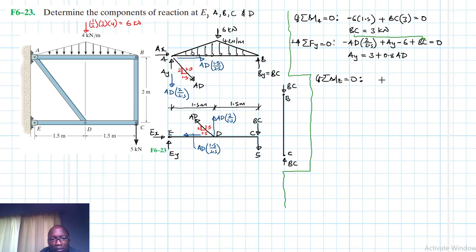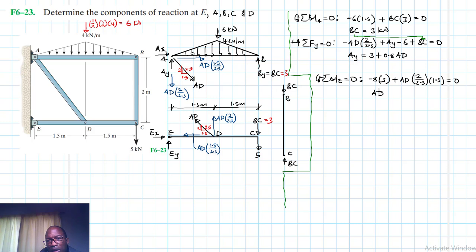What we have? We have BC, and we said this BC is equal to 3. So 3 plus 5 is 8. So we have a negative moment 8 by 3, plus AD by 2 divided by 2.5 times the lever arm, which is 1.5 equal to 0.